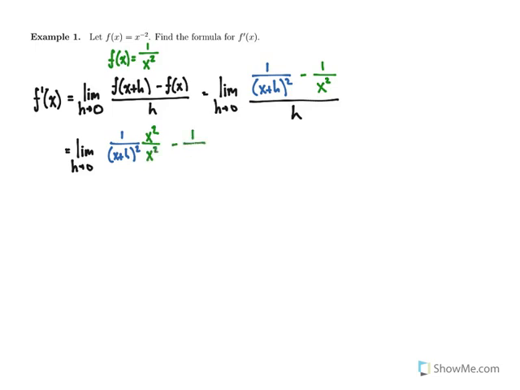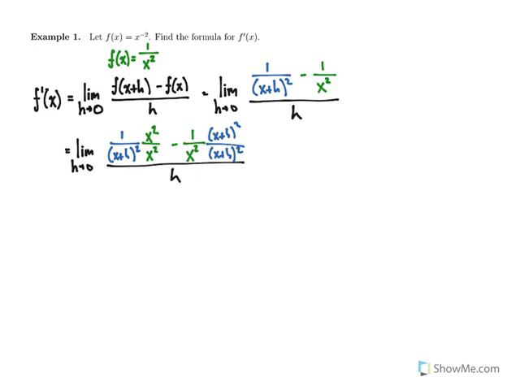And then we're going to subtract off 1 over x squared, and we're going to multiply that by x plus h quantity squared over x plus h quantity squared, all over h.